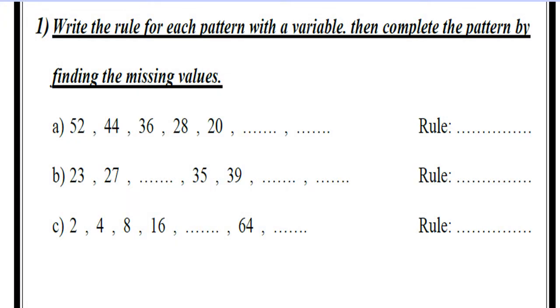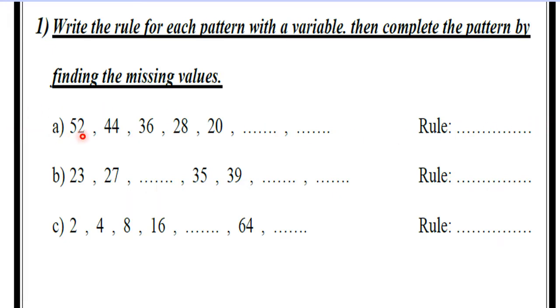And now, number 1, write the rule for each pattern with a variable, then complete the pattern by finding the missing values. Here in letter A, we have 52, 44, 36, 28, and 20, dots, and find the rule.